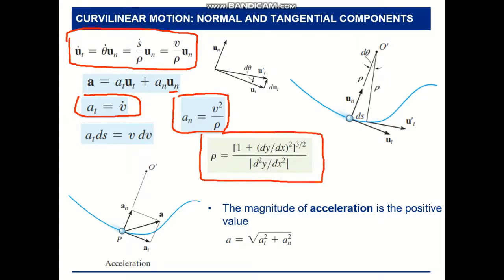The radius of curvature is given by rho equals (1 plus (dy/dx) squared) to the power of 3/2, over the absolute value of the second derivative of y with respect to x. This is just given, it's a mathematical form, we don't need to go through the whole details.